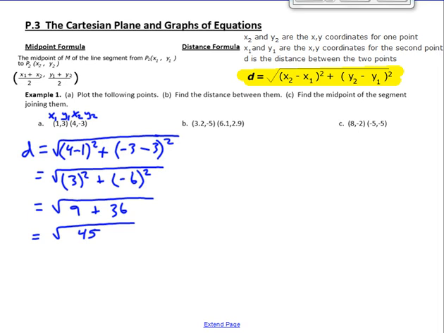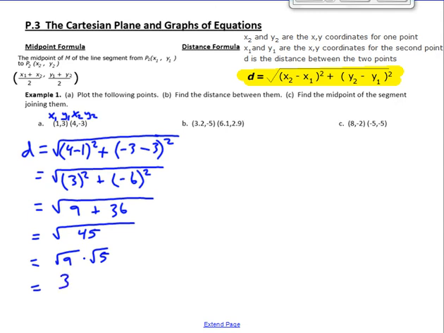This is where the extra Algebra 2 work comes in. And it's something that if you know a friend that's in Algebra 2, they're actually probably working on right now. So the square root of 45 can break down into the square root of 9 times the square root of 5. We want to find perfect squares that multiply to give us that 45. 9 times 5 gives us 45.